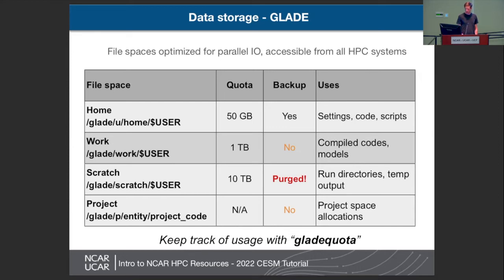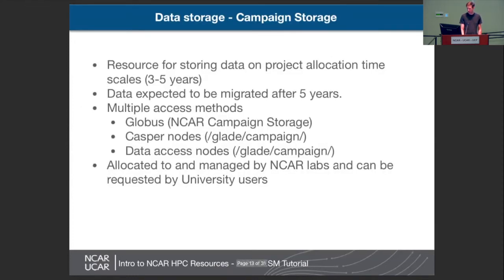We also have some project space. And again, this isn't something you will get by default, but if you're working with someone on a project, they probably have been allocated project space. So you may have a project space. The size of those varies, and they're managed by the labs and the people who have an allocation. Again, not backed up, but not purged. And then Campaign Store is a similar thing.